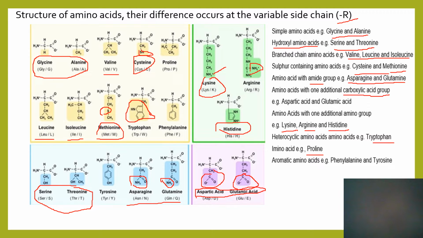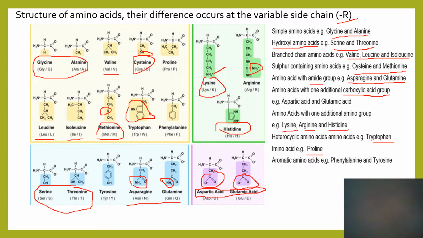The central carbon, or the alpha carbon, is joined with the R group, as well as the R group is connected with the amino group of the amino acid. So its arrangement is somehow different.